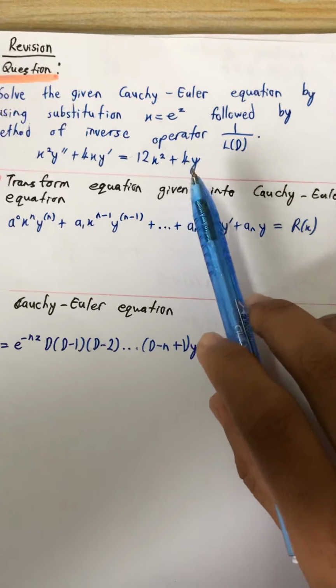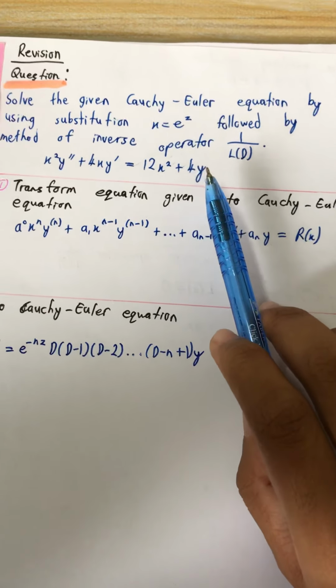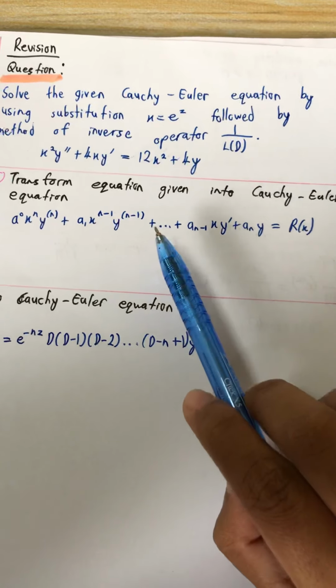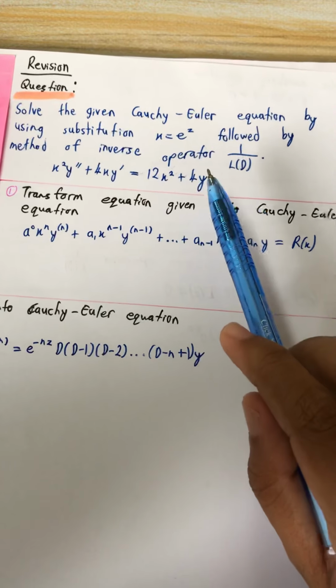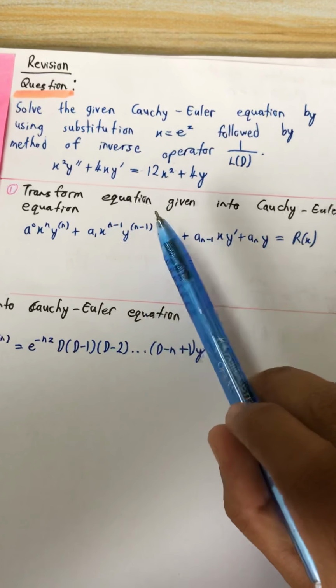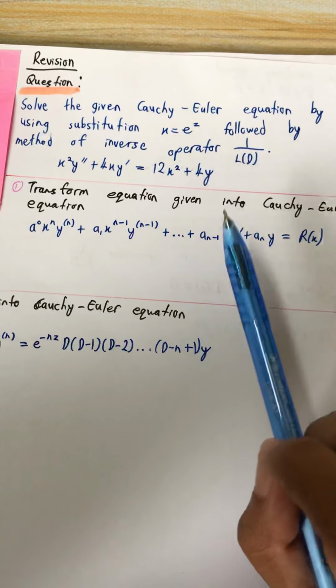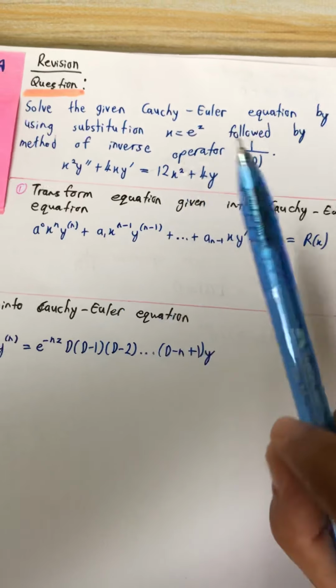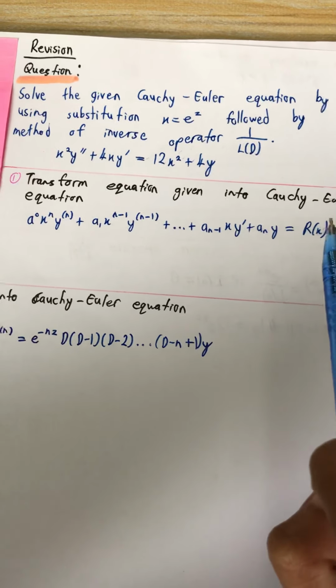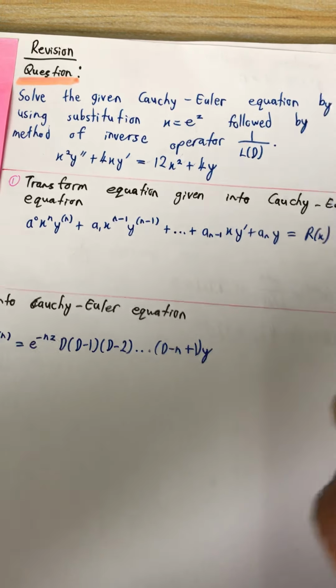So from the equation given, we transform it into the form of the Cauchy-Euler equation. We just move everything that consists of x and y terms into the left side, and only leave the function of x on the right side.